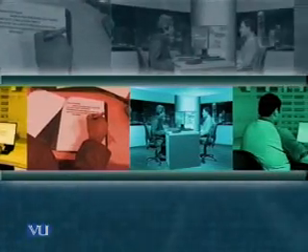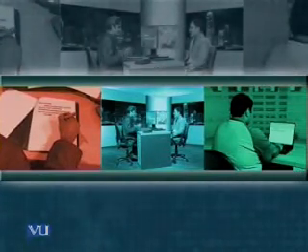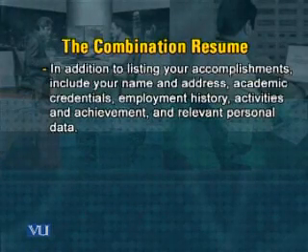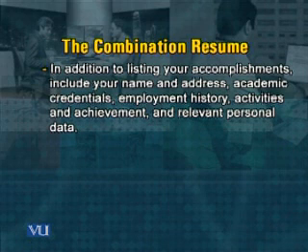So beside telling your employer about your work experience or skills or anything, you also include a lot of other things into your resume. In addition to your accomplishment, you include your name, your address, your academic credentials, employment history, activities and achievements, and relevant personal data.